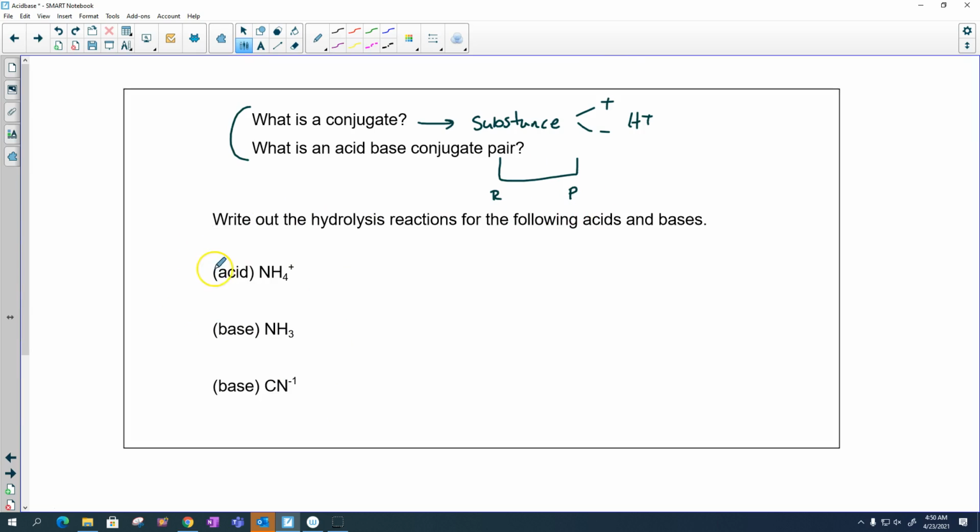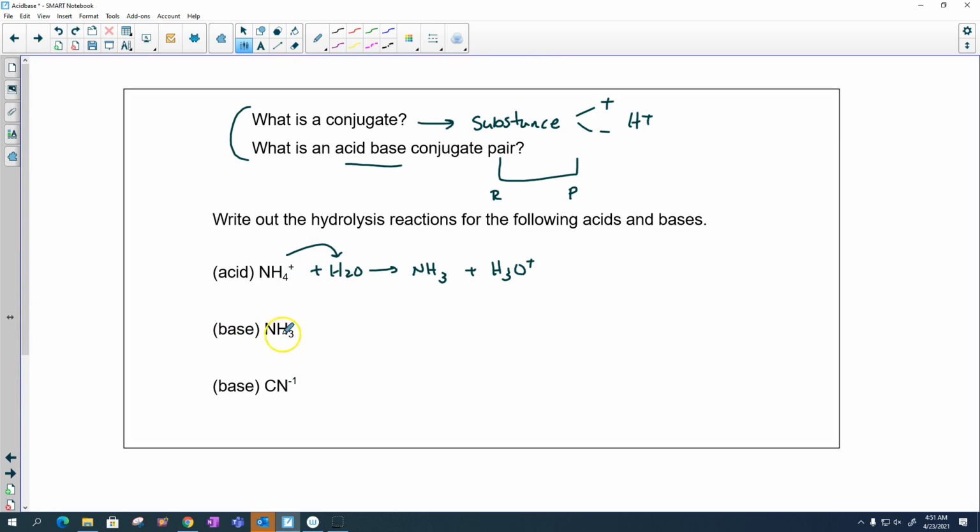I'll talk a little more about the acid-base version of this toward the end, but try it on your own first. Alright, back. NH4 plus plus water yields NH3 plus H3O plus. It's an acid, so it's going to donate, and that's what's left over. I'm going to do all the reactions first, and then I'll link them as we come back.